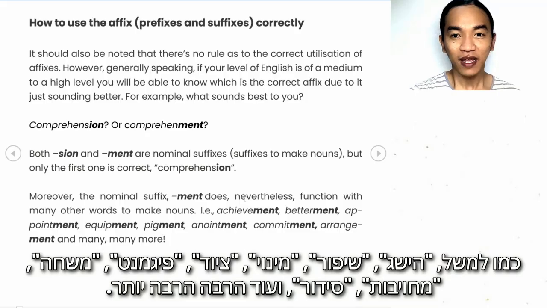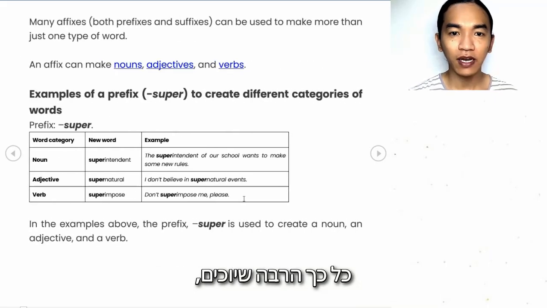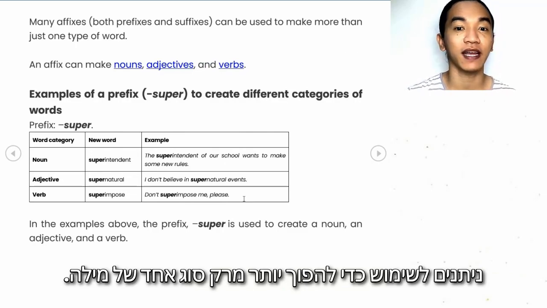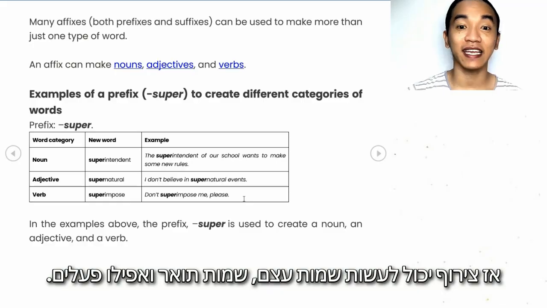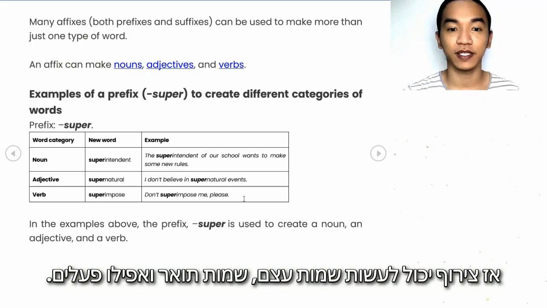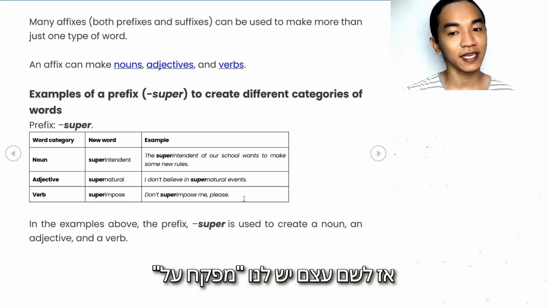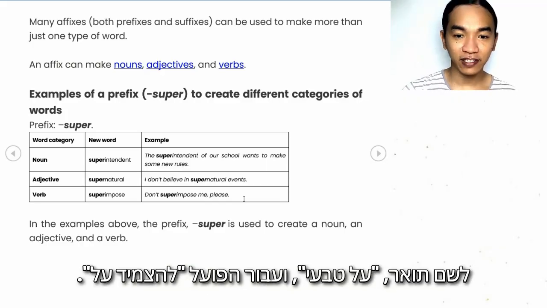All right. Okay, so many affixes can be used to make more than just one type of word. So an affix can make nouns, adjectives, and even verbs. Okay, like for example, here we have the prefix super. For noun we have superintendent. For adjective, supernatural, and for the verb, superimpose.